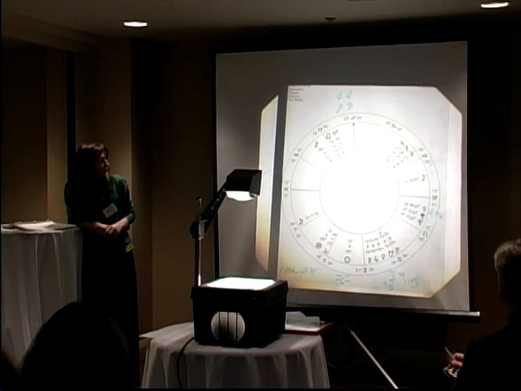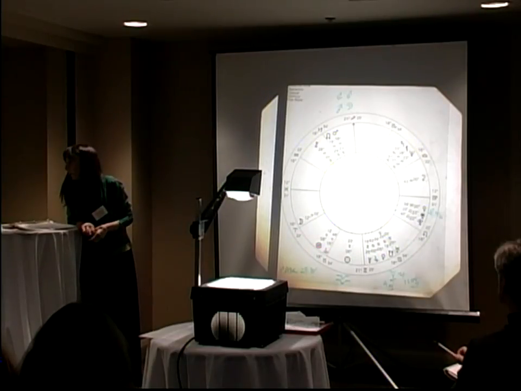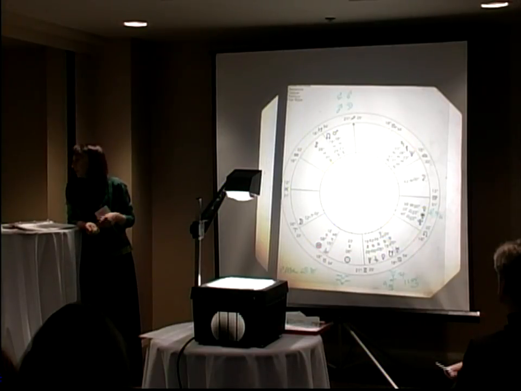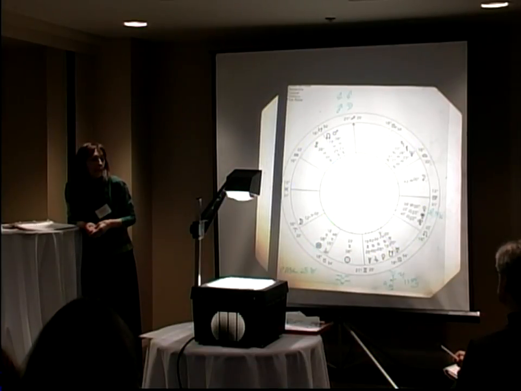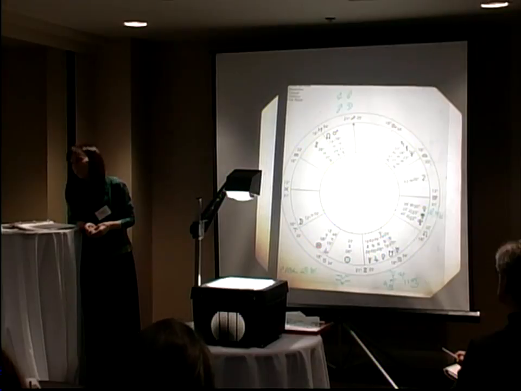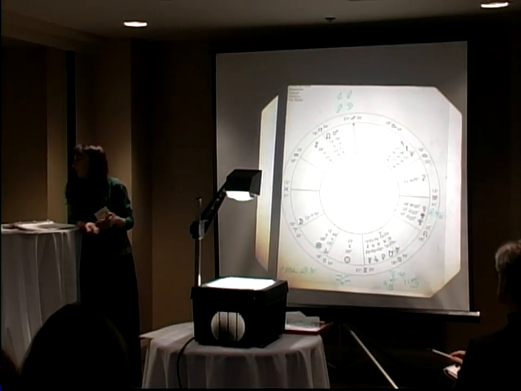So just to recap, when I look at a chart, I rely very heavily on the phases in order to do my assessment. The first thing that I do is I look at the Mars-Pluto phase to see what kind of energy pattern the soul is working with to accomplish its evolutionary journey. And then I'm going to look at the phasal relationships of everything else in the chart and see how that stacks up.